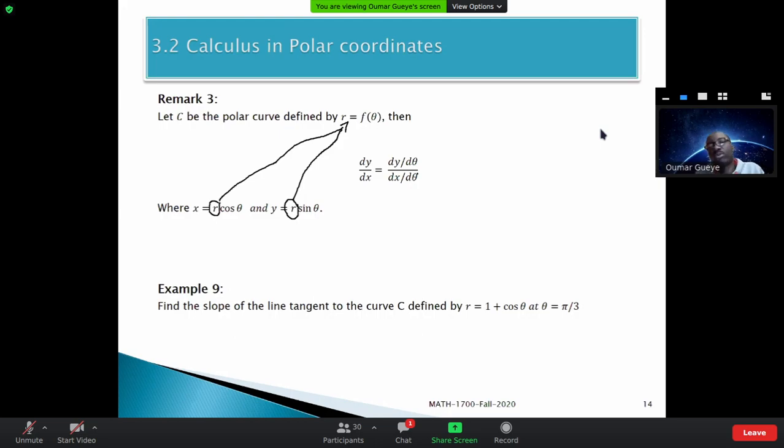So next we'll see how to apply it in order to find the slope of the tangent line passing through the point theta equal to pi over 3. So now we want to get, in this example, the slope of the tangent line to the curve C. The curve C is defined by this equation.